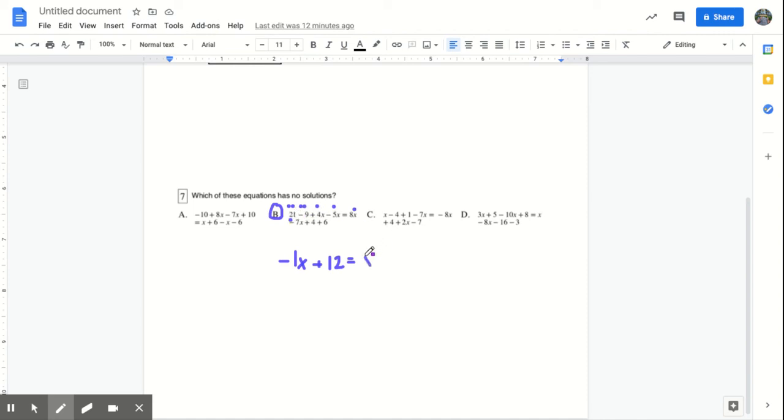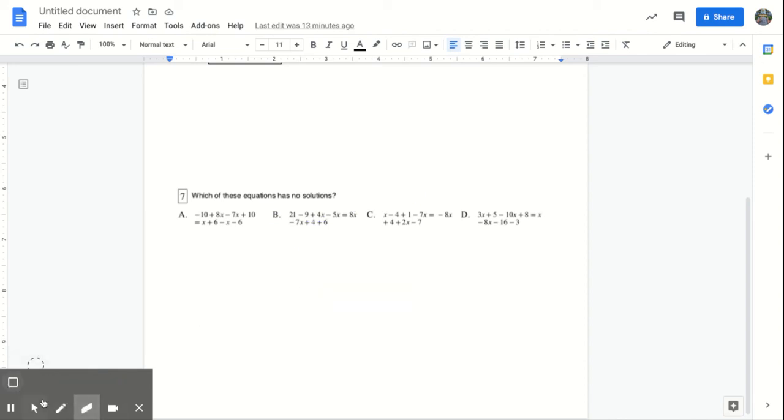That's going to be just a positive x. And then 4 plus 6 is positive 10. So this one has different amounts of variables. That tells me that there's going to be only one solution. Only one number works. Letter C, if we remember, had infinite because there were the same x's and same constants on left and right. So B is one solution.